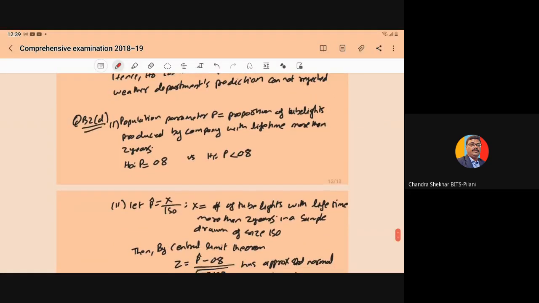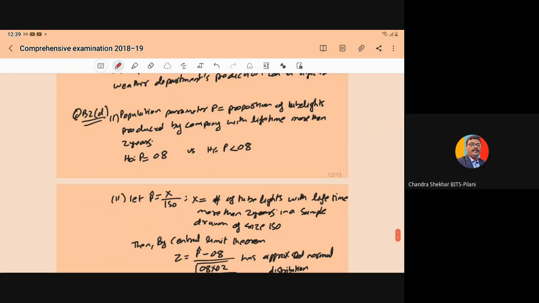So in this question, what is the unknown parameter? The unknown parameter is the population parameter p, the proportion of the tube lights produced by the company with a lifetime of more than 2 years. So it is given to you H naught will be p equal to 0.8.